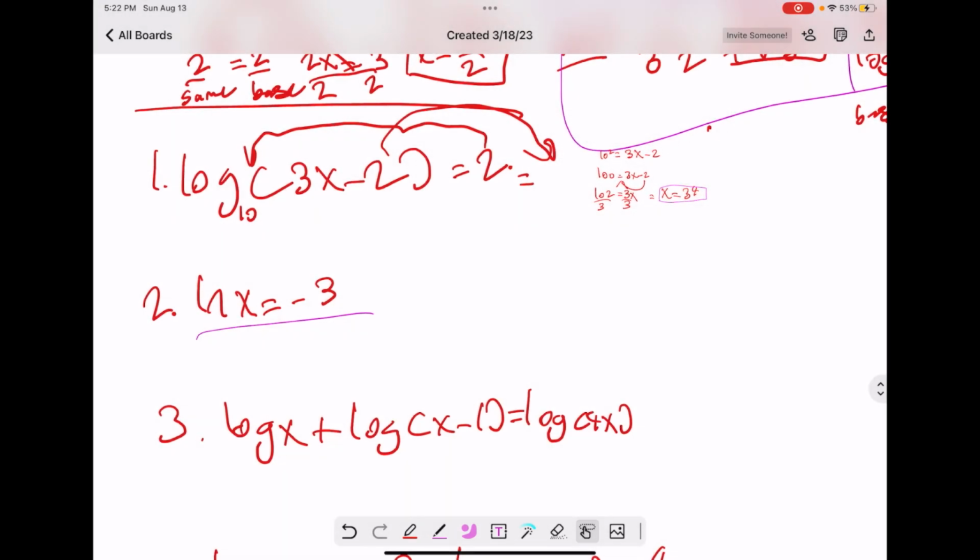Okay, so the next one, you're probably thinking, what is this? What is ln x equals -3?